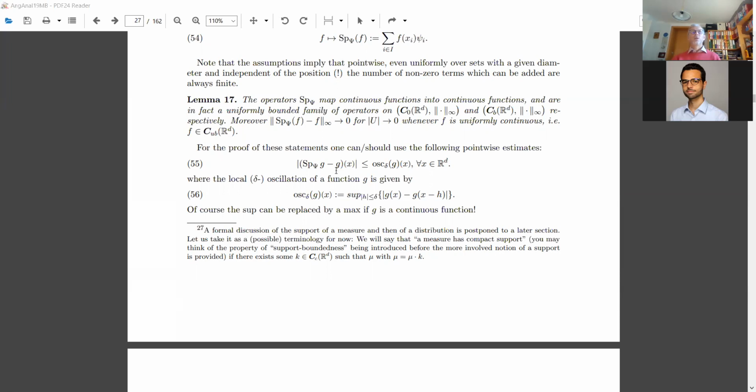And the claim is, you have to look at the local oscillation. Now there are two possible definitions of the delta oscillation of g at a point x. The maybe more natural one would be to say the oscillation is the biggest difference, so if you take real valued functions, it's the difference between the biggest and the smallest value.